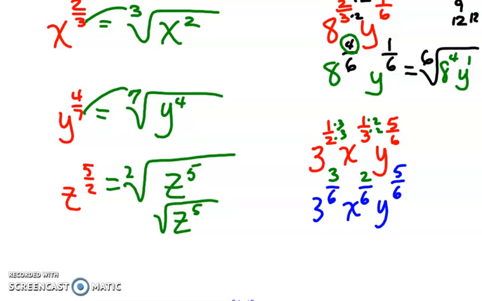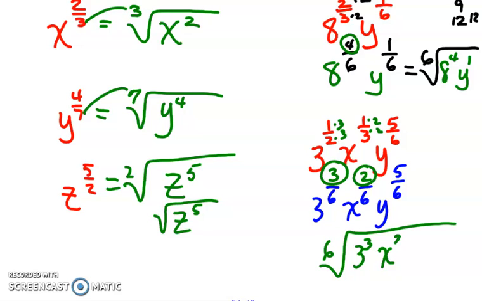Because of that, instead of writing 3 separate radicals, one with a 2, one with a 3, one with a 6, we can now write it as a single radical: the 6th root of 3 to the 3rd, because the numerator here is 3, x to the 2nd, same reason, the numerator is 2, and the last one is y to the 5th, so our numerator is 5.